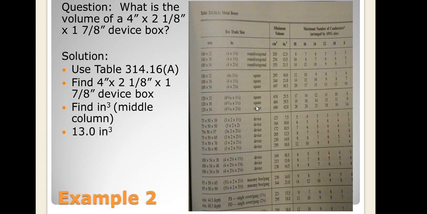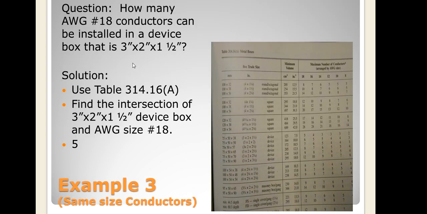What is the volume of a 4 by 2 1/8 by 1 7/8 device box? You find that in the device boxes here, 4 by 2 1/8 is here by 1 7/8, and you find it is available 13 cubic inches.